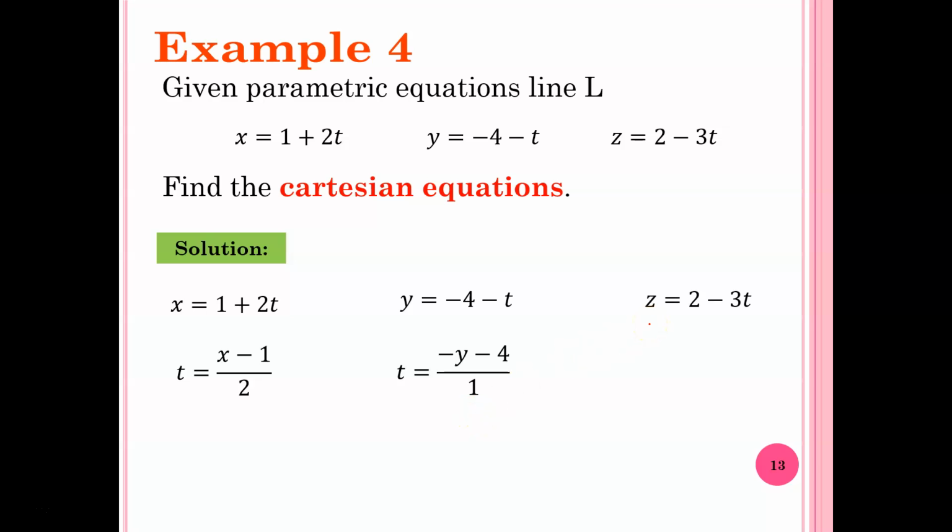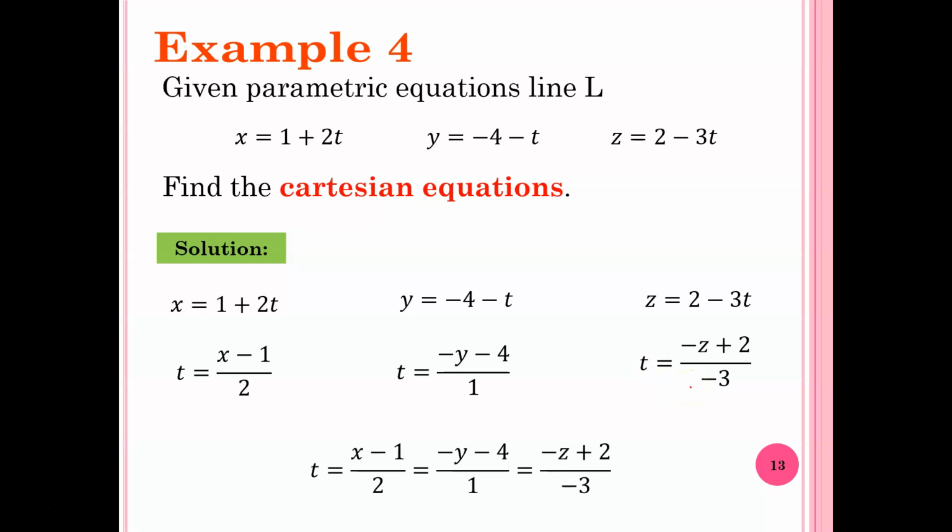And for z like this. Okay, so you want just t over here. So you have your t for each of x, y, and z. Now you're going to equate them. Samakan dia. t is actually equal to x minus 1 over 2, and so on. Combine dia, gabungkan dia lah. Equal, equal, equal. So this is your Cartesian equations. Easy, right? It's easy peasy.